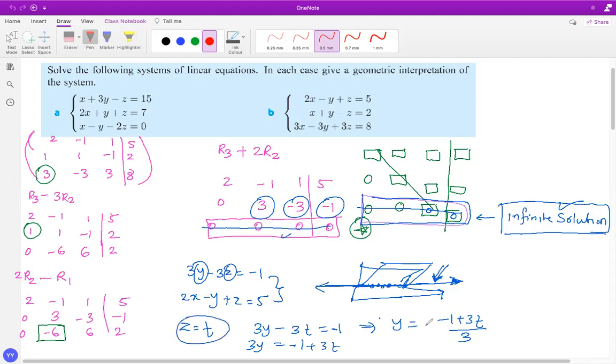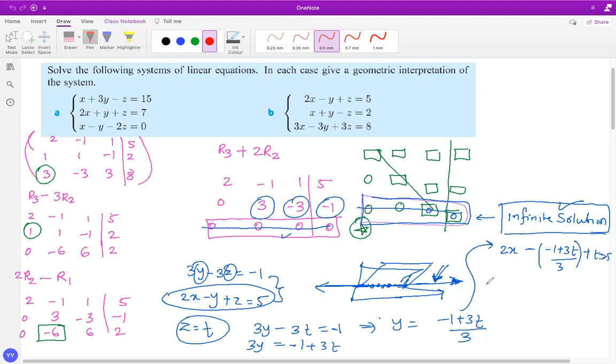Now, since I got y and z, I can plug into the first equation to get x also in terms of t. So 2x minus y, which is (-1 plus 3t) over 3, plus z, which is t, equals 5.